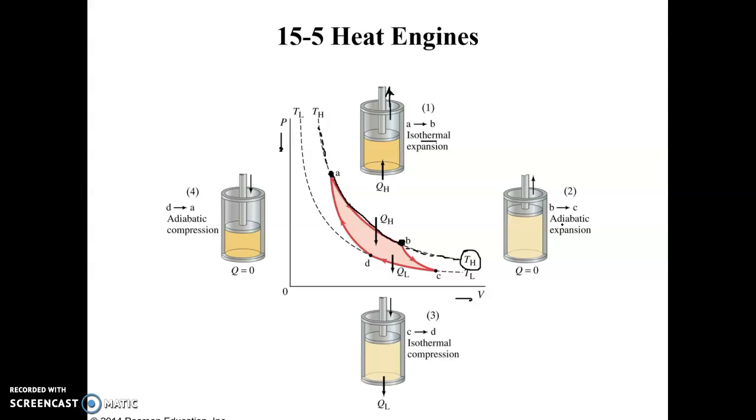Then we achieve an adiabatic expansion. Okay, so adiabatic means that we're not having any heat leaving our system. So if you remember when we talked about ideal gases, when the pressure on a gas decreases, the temperature does as well.